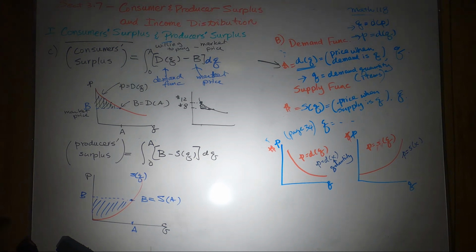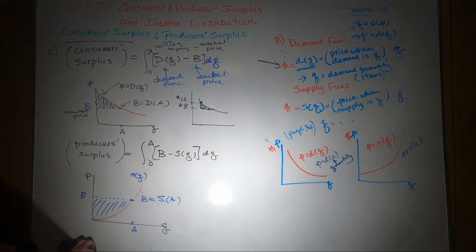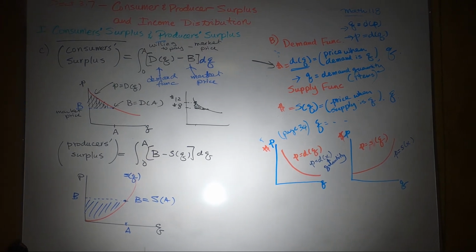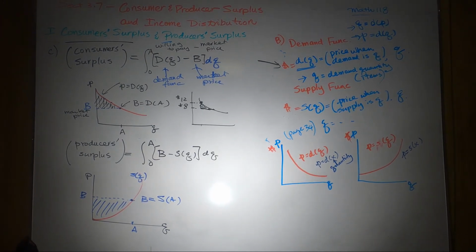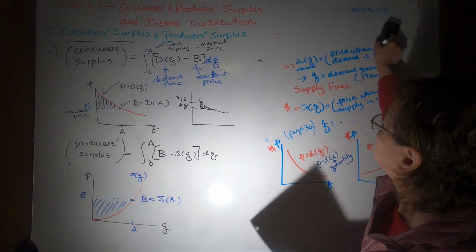Okay? Then see how we actually use this to determine the value in dollars, how much is left for suppliers and how much is left for the consumers, right? Okay, so let's see some examples.